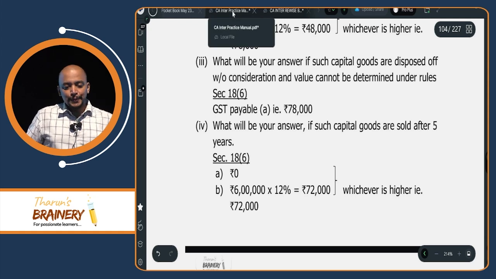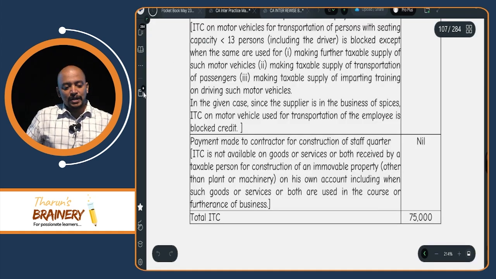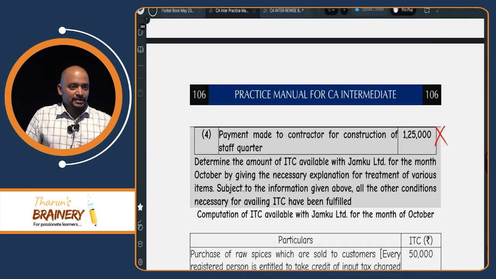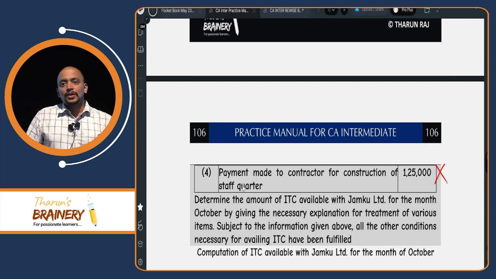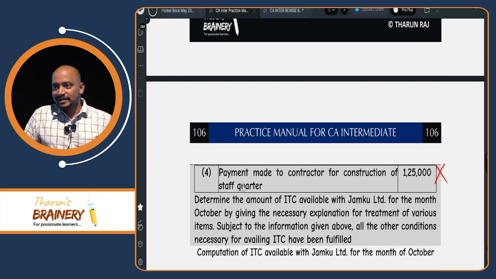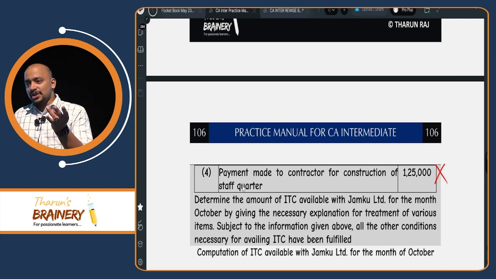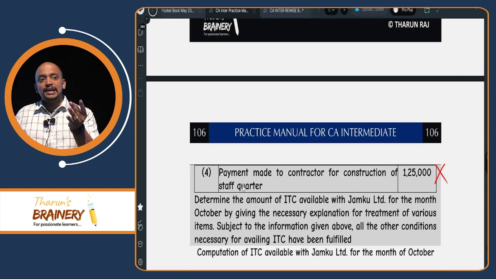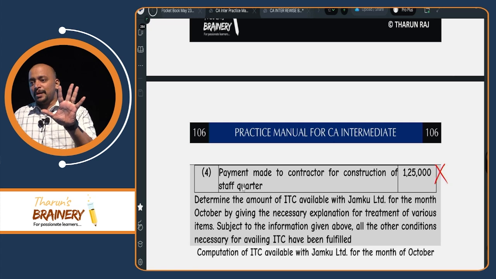Now, look into the practice manual portion. So actually, we completed the major area in GST. We are left with only small topics. So invoice and time of supply, registration, composition scheme, returns and payment process.